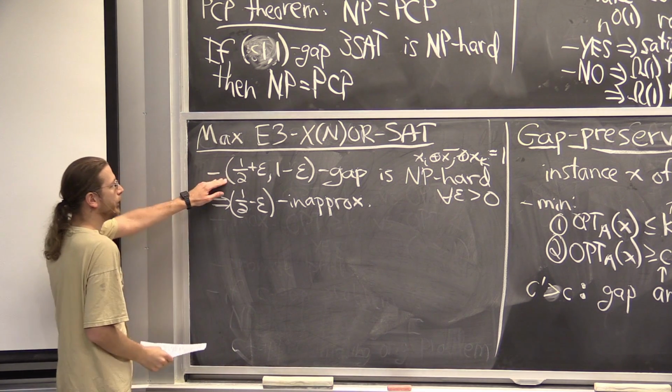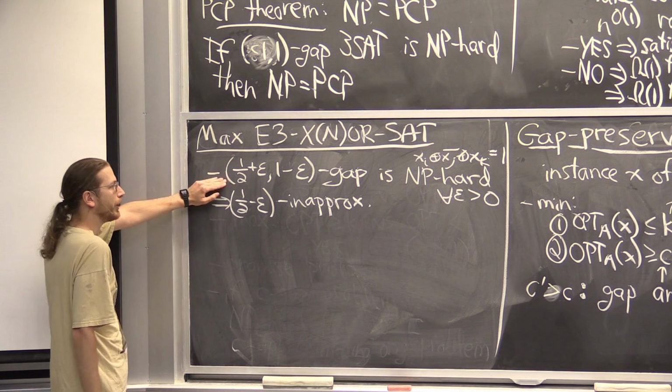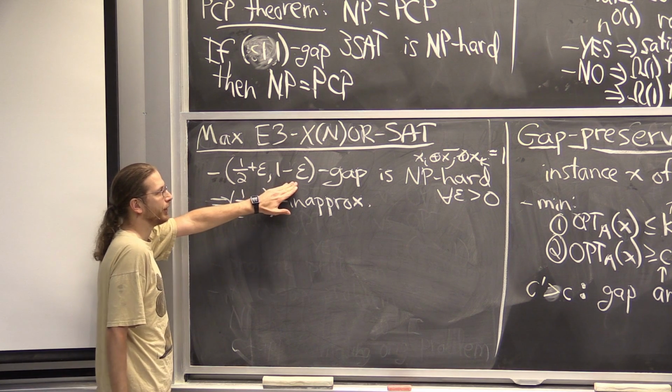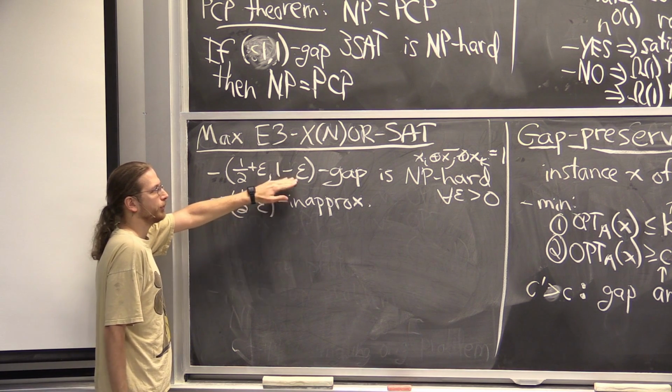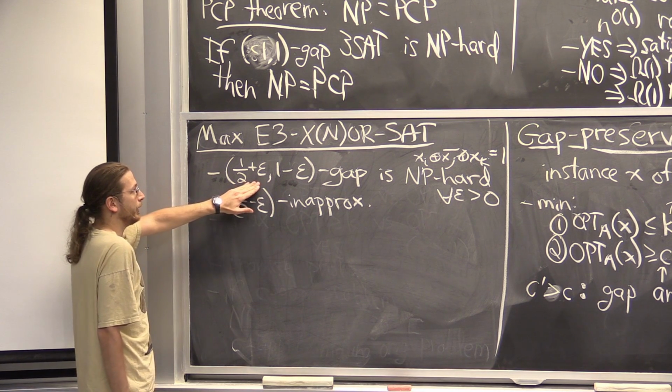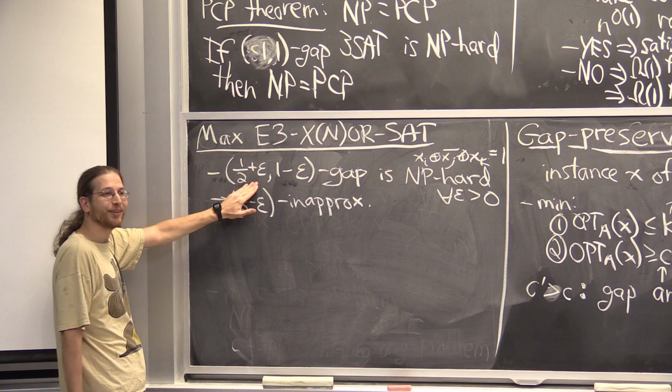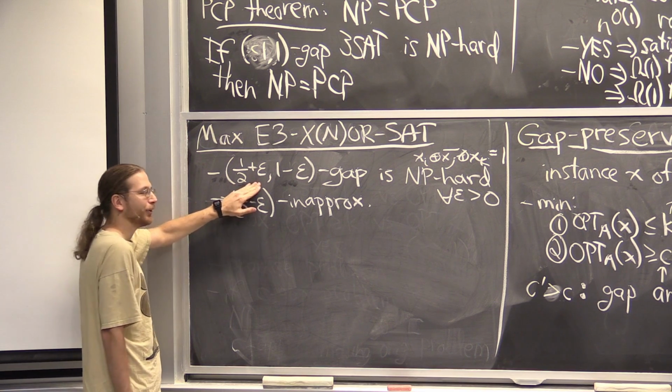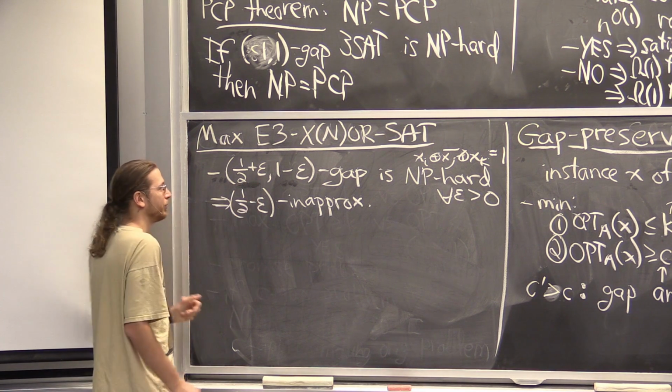But this is, of course, stronger. It says if you just look at instances where, let's say, 99% of the equations are satisfiable versus when 51% are satisfiable, it's NP-hard to distinguish between those two.